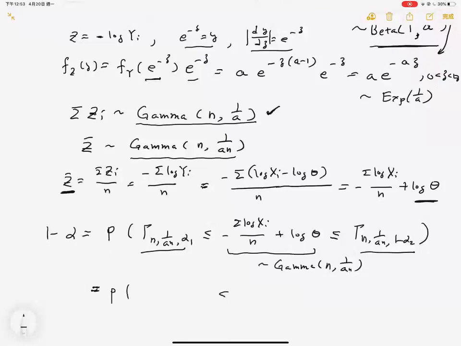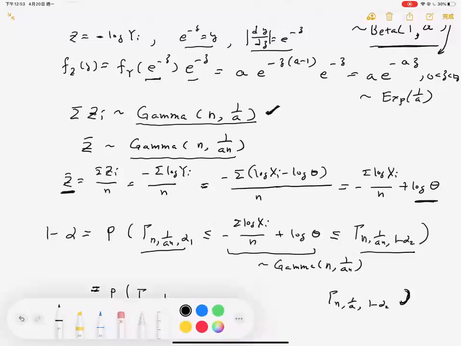If we really want to use summation xi, the left hand side becomes n, then 1 over a, then alpha 1, then right hand side becomes n 1 over a, alpha 2. I meant to say using this guy, but then you change it to summation zi.